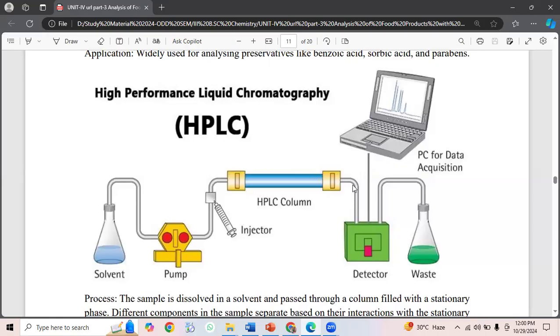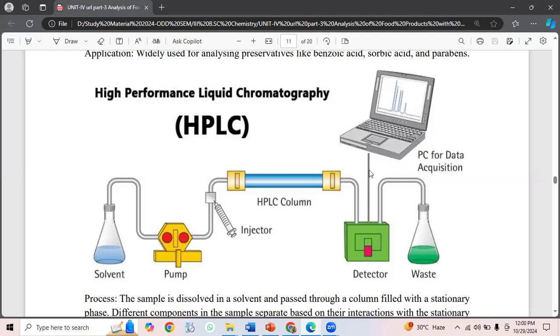After separation, the components exit the column and enter the detector, which identifies and quantifies each component based on characteristics like absorption or refractive index.